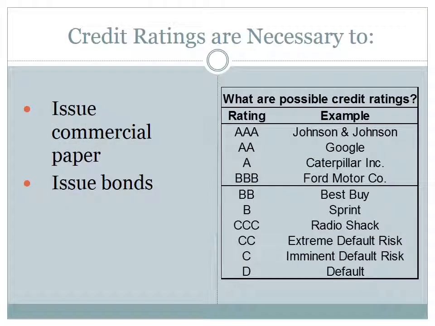To provide you with some examples, what's an example of a AAA rated bond? Well, GE used to be my prime example, but GE lost its AAA rating back in 2009, I think October. So Johnson & Johnson is my new example for a AAA rated bond. There's very few AAA rated.